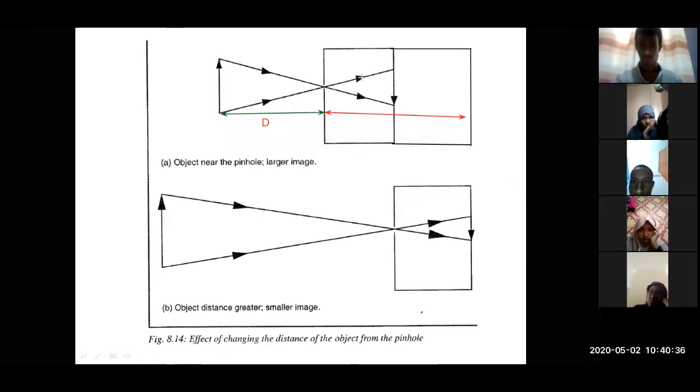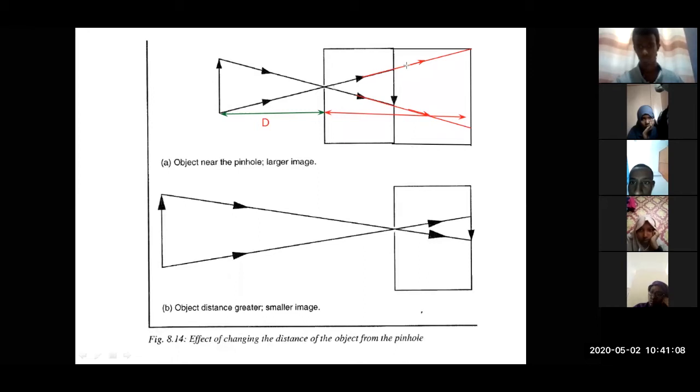Supposing this ray now extends further. Then I also extend this ray. I've extended those rays to show that's where the image is going to be formed. I've also extended this one.